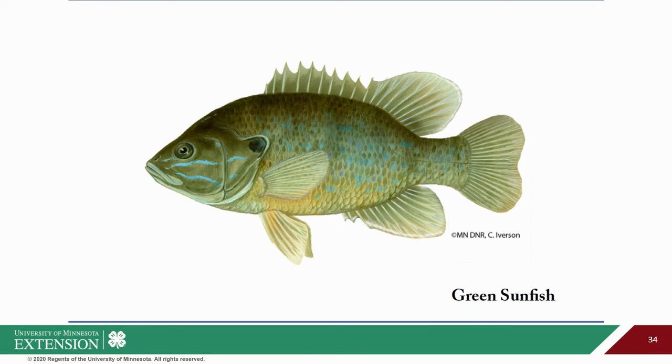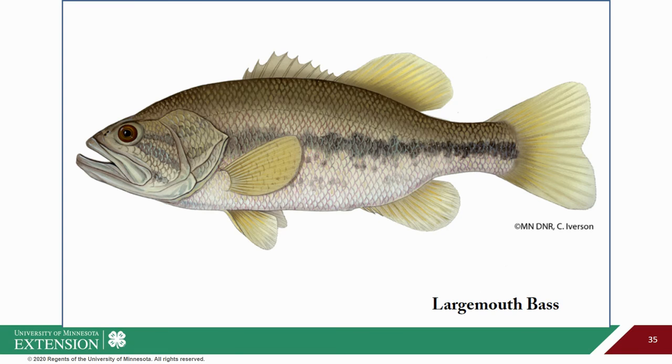All right, so as we move up that pyramid again, we're getting into our secondary consumers. In this example, I'm going to use the green sunfish. The green sunfish is going to be found in our pond, and they are going to feed on the zooplankton, which then feeds on the phytoplankton, which then gets the energy from the sun. So we're starting to put the pieces together and see how all of this is connected. Now, what eats the green sunfish?